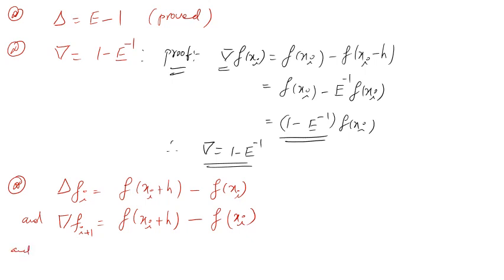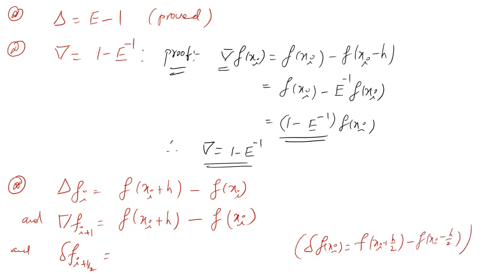And one more, central difference. Delta of f i plus one half is what? As per the definition of the central difference operator, what is delta of f of xi? F of xi plus h by 2 minus f of xi minus h by 2.